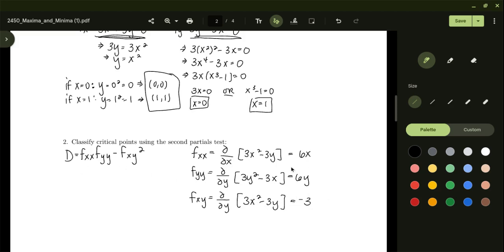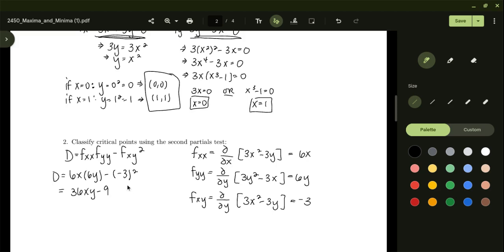Now I can plug these expressions into our discriminant equation, and we get D equals 6x times 6y minus -3 squared, which multiplying out is 36xy minus 9.